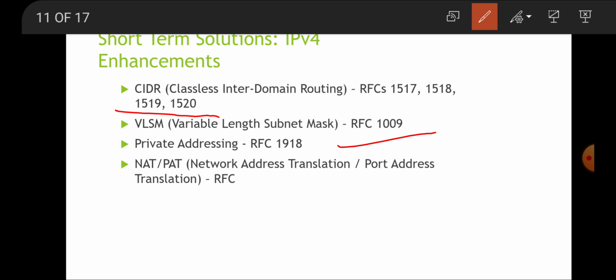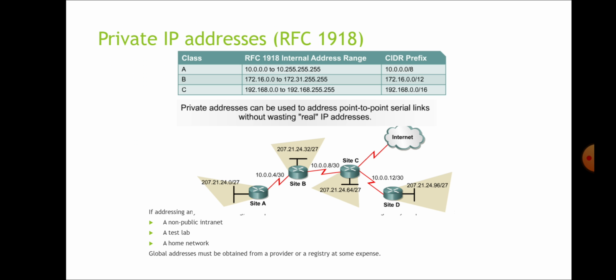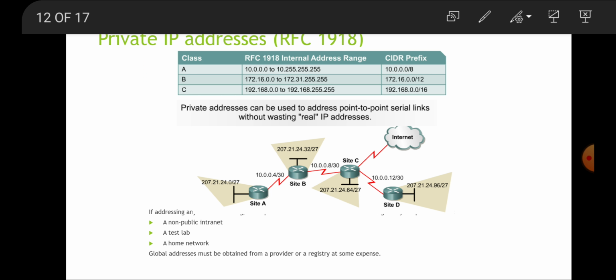Private addressing can be used, RFC 1918. NAT and PAT, that is network address translation and port address translation. We will see what the private IP addresses are, which we have not discussed here. The private IP addresses are in class A, B and C and can be used.